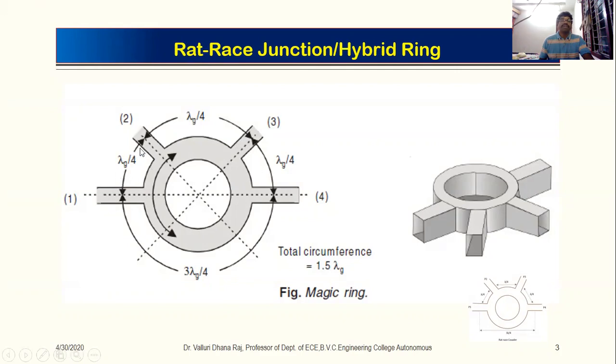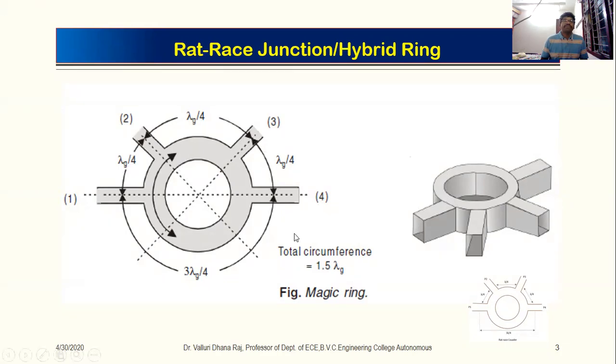Means the wave traveling in the clockwise direction and the wave traveling in the anti-clockwise direction, how much phase difference is there, whether they are going to interfere in a constructive manner or a destructive manner, we can estimate. And you can see this is the actual 3D diagram of a rat race ring or magic ring.